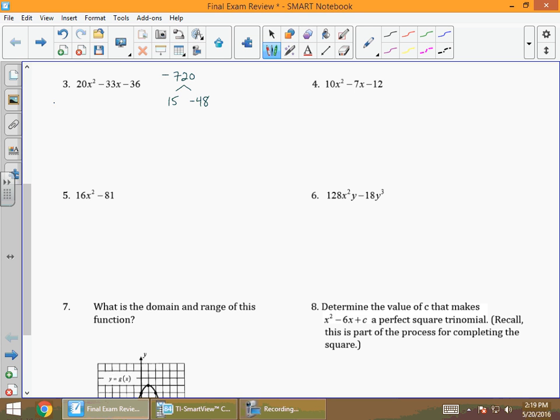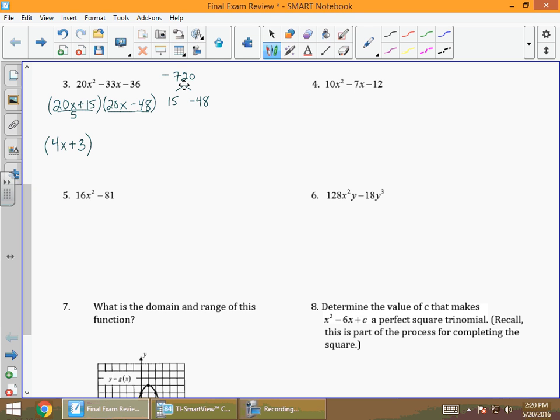Airplane method tells me 20x will be in the front of both. One will get a positive 15, one will get a negative 48, and then check to see if they simplify. So the first parentheses, it looks like both simplify by a 5. So if I divide by 5, I'll get 4x plus 3.